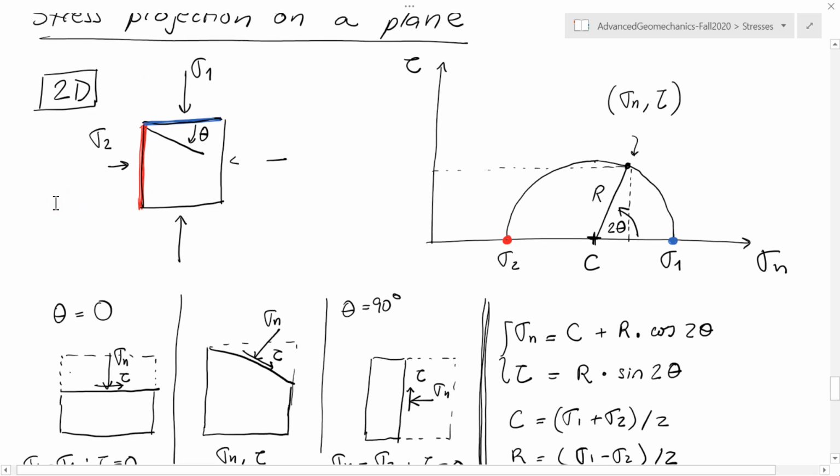Let me now consider that I have the 2 halves of this solid, and it's been cut with a plane at this particular angle theta.